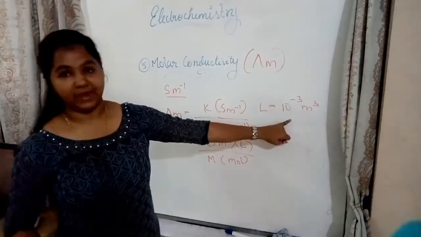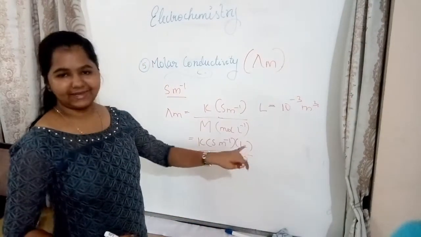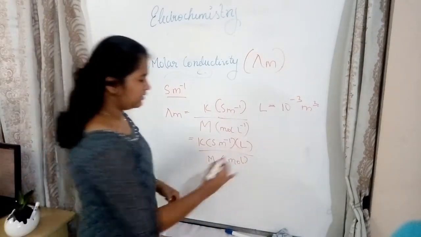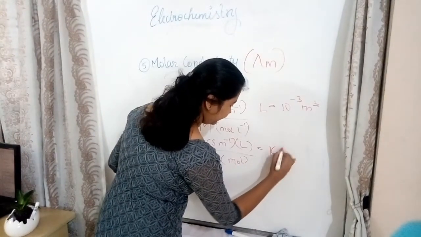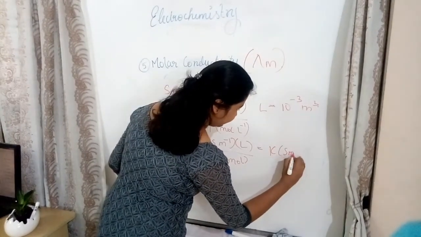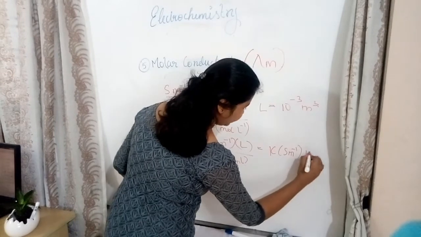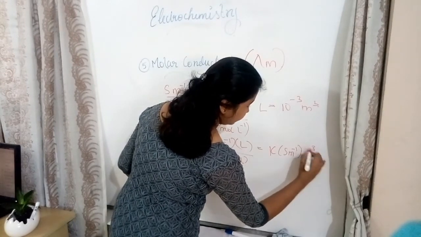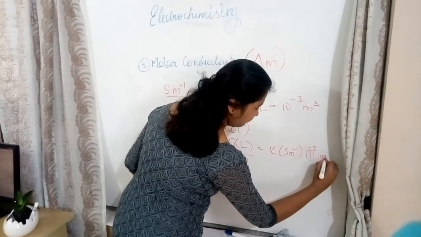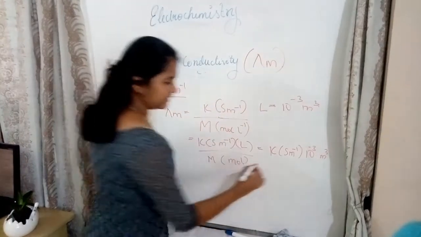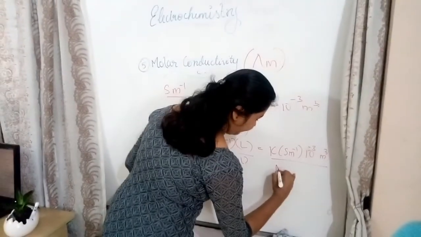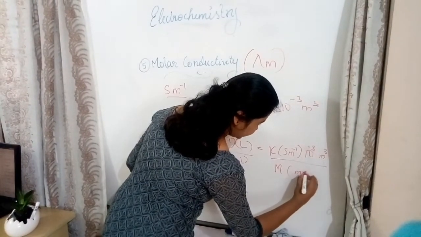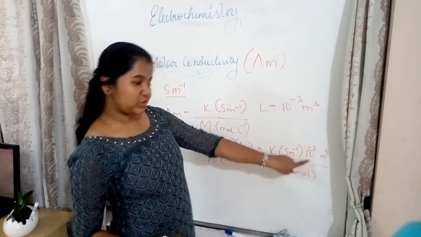So we write kappa Siemens meter inverse into 10 raised to minus 3 meter cube, divided by M moles.